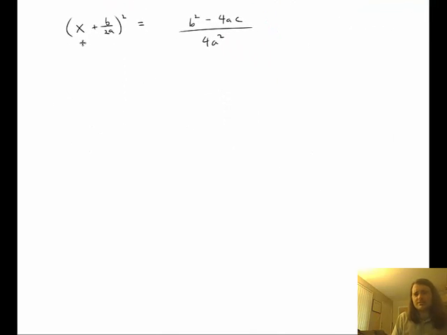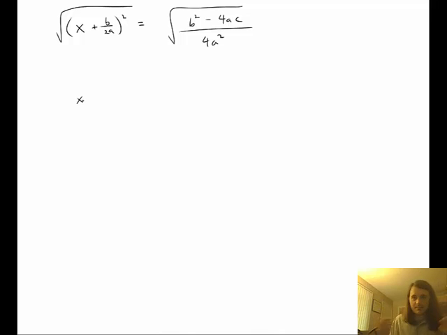Well, I'm trying to solve for x, and right now it's trapped by being squared at the moment. So what I'll need to do is take the square root of both sides of my equation. However, I need to be careful. I'm taking the square root of a squared quantity. Whenever you take the square root of a squared quantity, we need to remember we're going to have a positive and negative version.